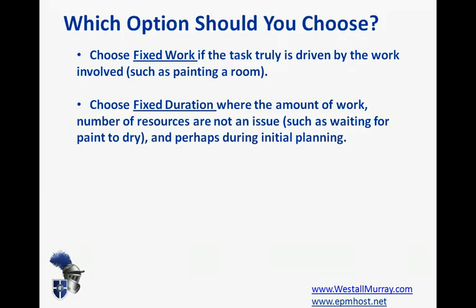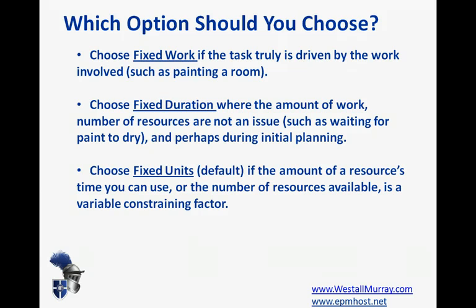Choose fixed duration when the amount of work or the number of resources really isn't an issue, like the example of waiting for the paint to dry, or perhaps early on in the stages of planning a complex project schedule. You may not know what your resources are or have a good handle on the work at this stage, especially for some of the later tasks, but you might know when they need to happen.